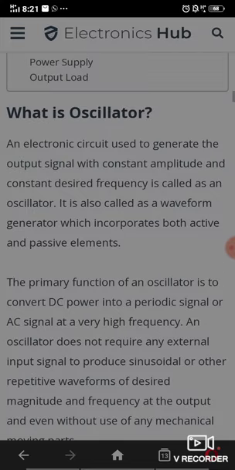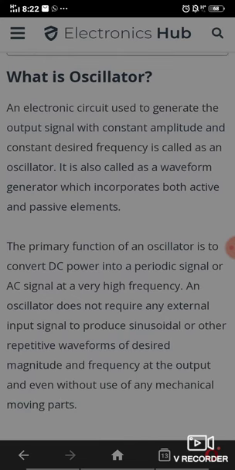What is an oscillator? An electronic circuit used to generate an output signal with constant amplitude and constant desired frequency is called an oscillator. It is also called a waveform generator, which incorporates both active and passive elements.